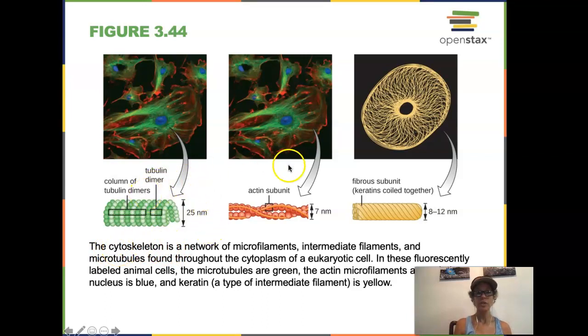So there are three different components. There are the microtubules, which are the biggest ones, and it is alternating types of two different proteins that make this big hollow tube. The actin filaments are the thinnest, made out of actin, the microfilaments, so they're very thin.